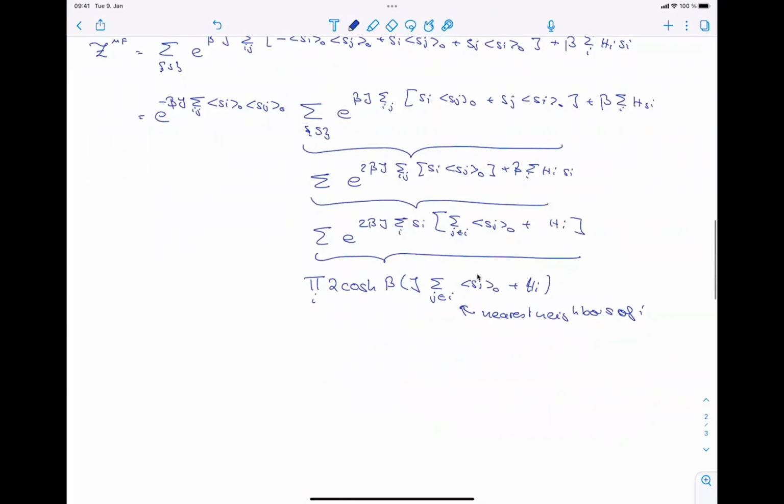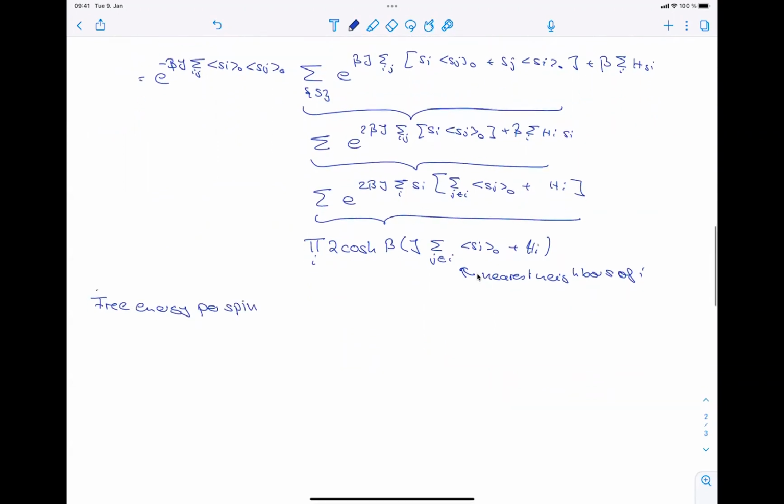And then we have the partition function, so we can actually directly write down the free energy per spin. Yeah, and free energy per spin, I'll always give the small f, free energy, sorry.